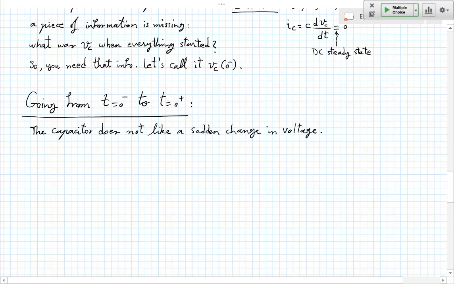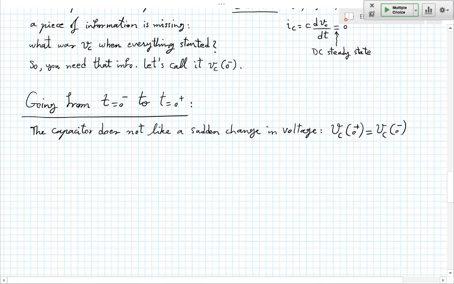Which means then, in mathematical language, Vc at 0 plus, so immediately after switching, is equal to Vc 0 minus.